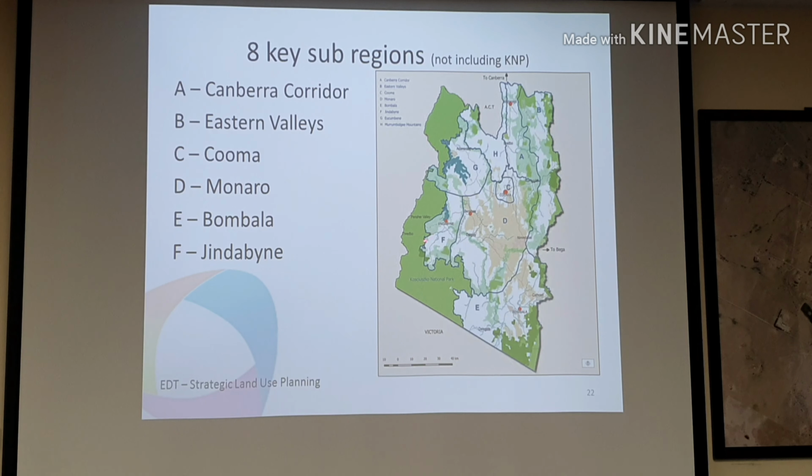Jindabyne, which is this area here, again heavily influenced by tourism, and whether its agricultural lands can become more productive through agritourism and those industries. The main feature dividing it from the Monaro is the Snowy range through there.